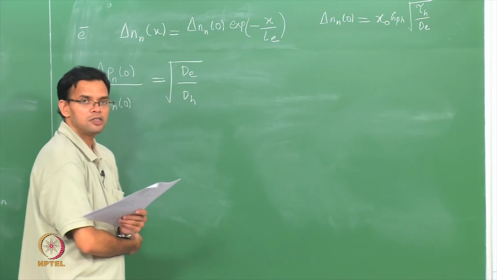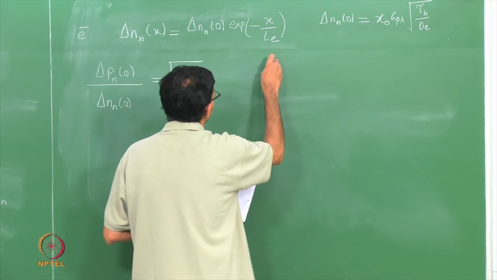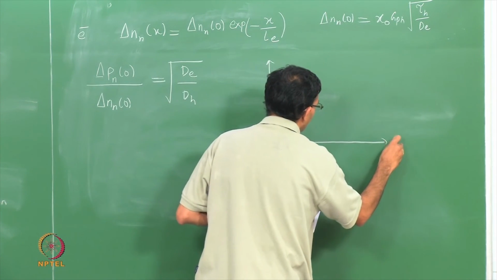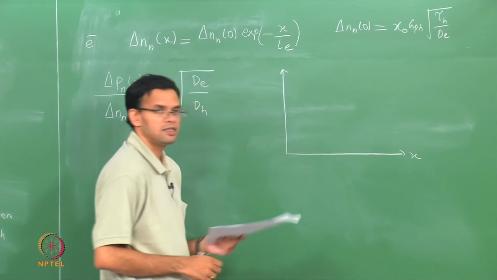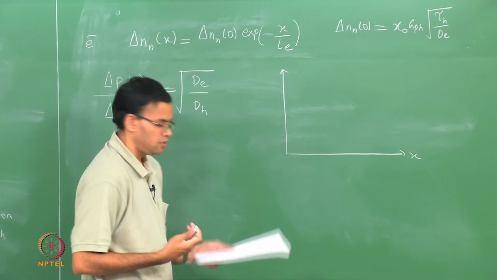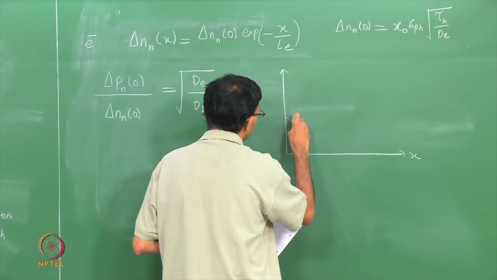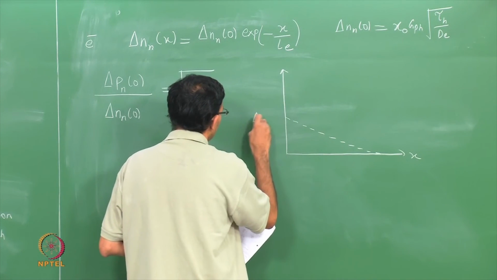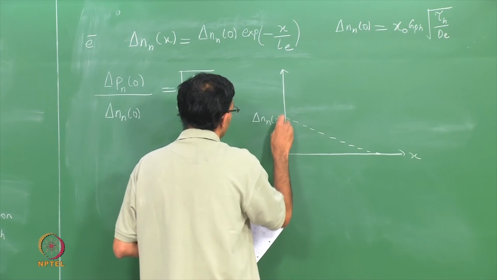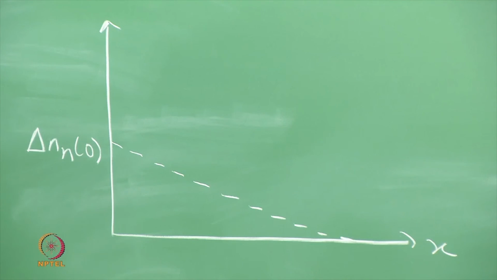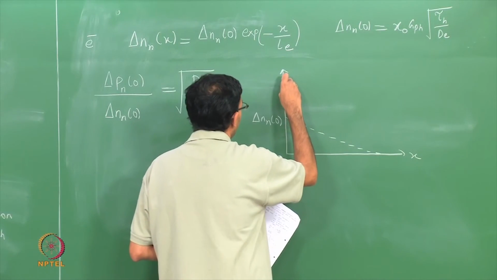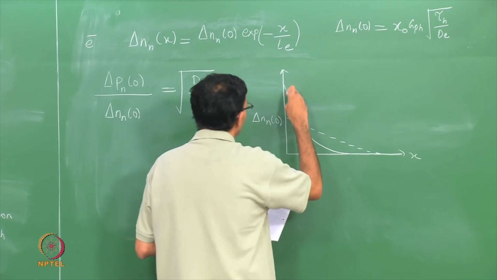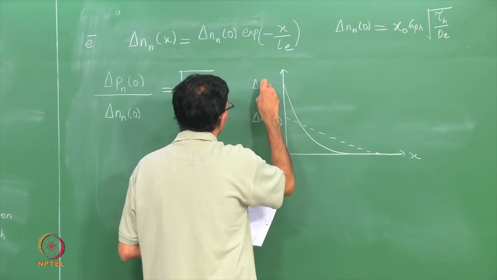So, if we plot these excess concentrations as a function of distance, again in the case of majority carriers, the change in concentration is not much. So, this is ΔNn naught going as a distance within the material. On the other hand, for your minority carriers, the slope is much more. So, this is ΔPn naught.